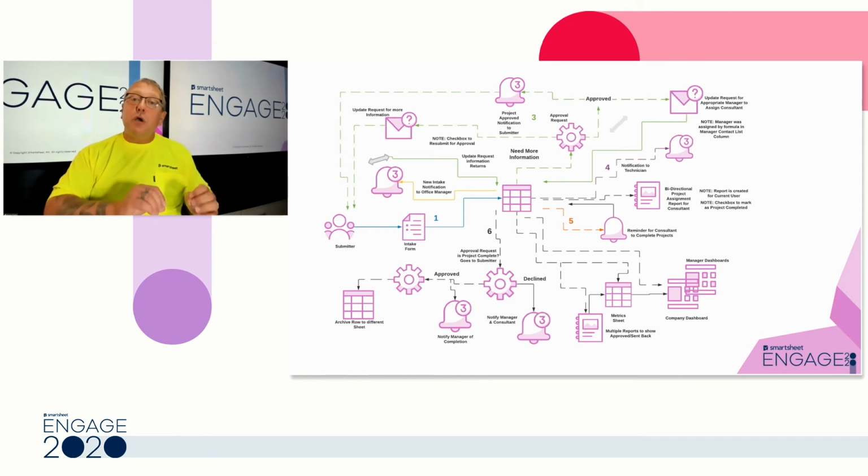Step 6 was the automation that got that approval. And once it's approved, we want to remove it, put it to that archive, and then we're going to grab all of that information. And you notice on my graphic here, between 5 and 6, there's a metric sheet.